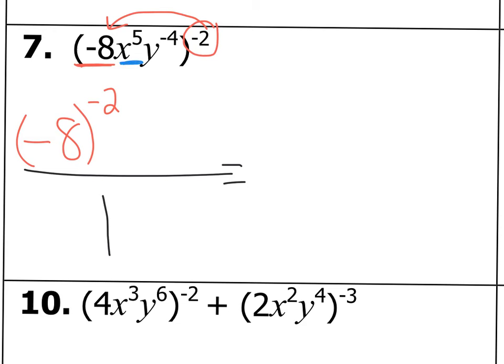Then I have x to the 5th power. The negative 2 gets distributed, and I have x to the negative 10th power. And finally, y to the power of negative 4. The negative 2 gets distributed, so I'll get y to the power of positive 8.